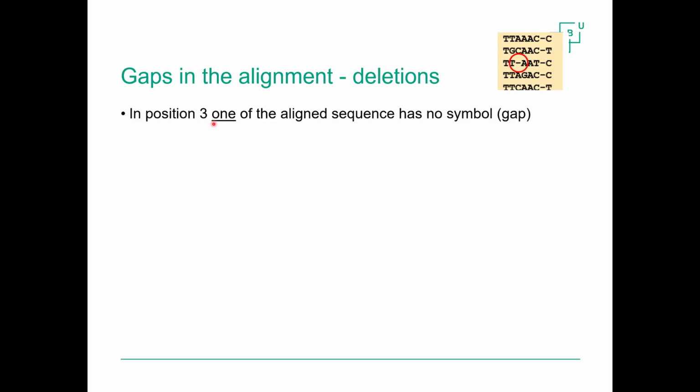So in position 3, one of the sequences had no symbol. And notice this is a minority of the sequences that was lacking something here. But the majority of the sequences has something in position 3. So the normal thing is to have a symbol there. But it could happen that you don't have this symbol in position 3.